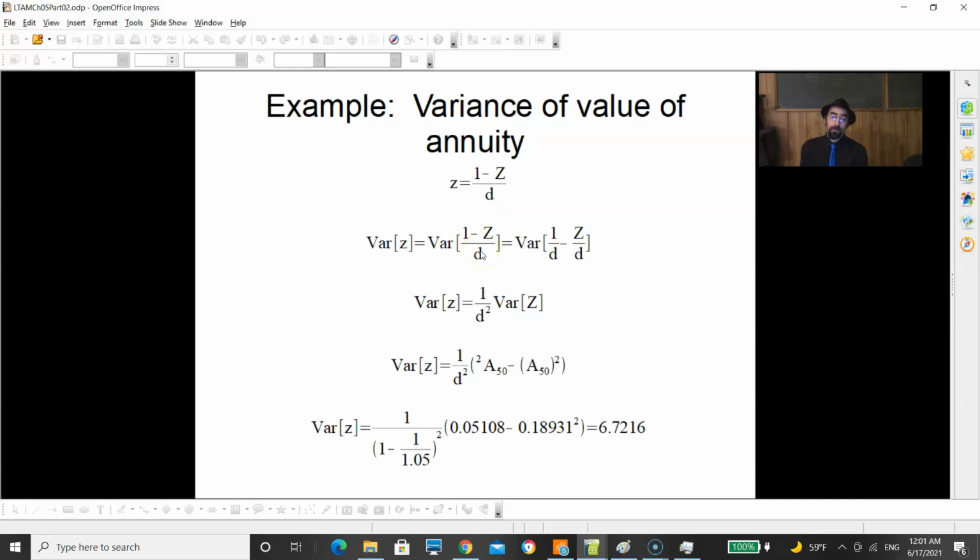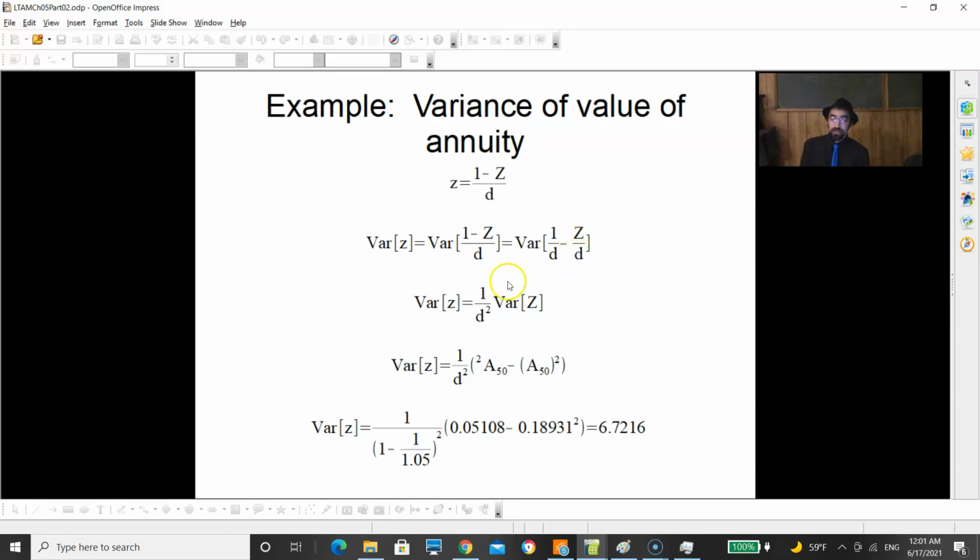And if you remember your properties of variances, you can break this down. Just do the algebra here. Adding this constant doesn't change the variance. Making something negative doesn't change the variance, right? If it was higher, now it's going to be lower because you made it negative.